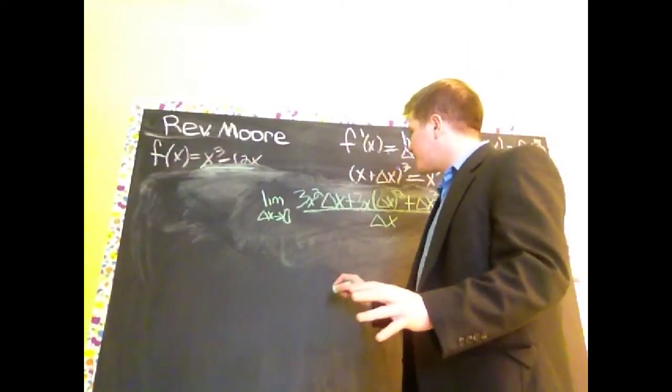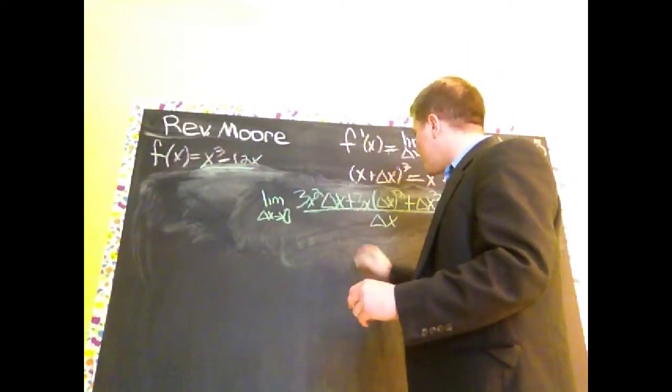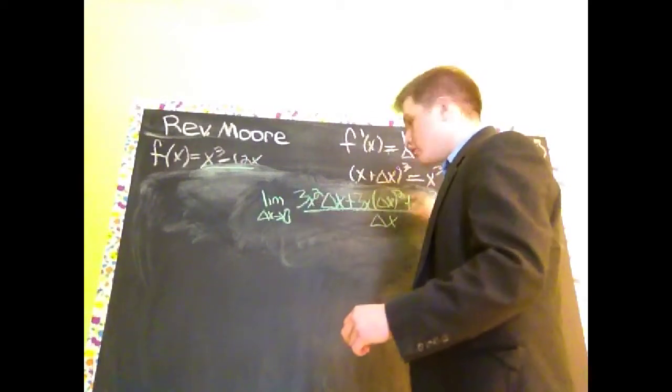Now with our limit function cleaned up, we can take out a delta x from this numerator right here.